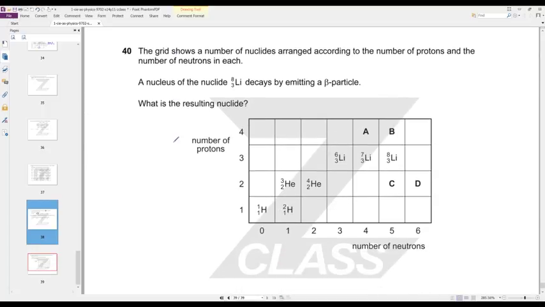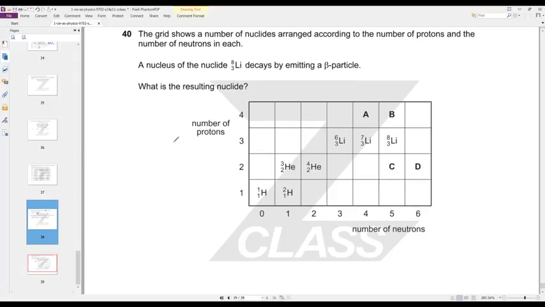And then the last one, the grid shows a number of nuclides arranged according to the protons and neutrons. Decays by emitting a beta particle. What is the resulting nuclide? So lithium 38 emits a beta particle that turns a proton into a neutron. And so we are going to go up 1 neutron and down 1 proton.